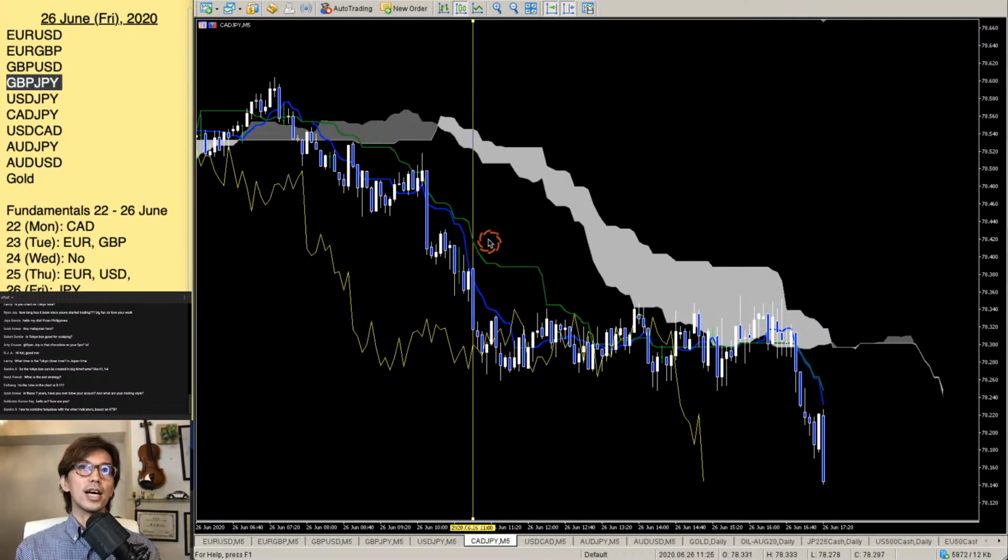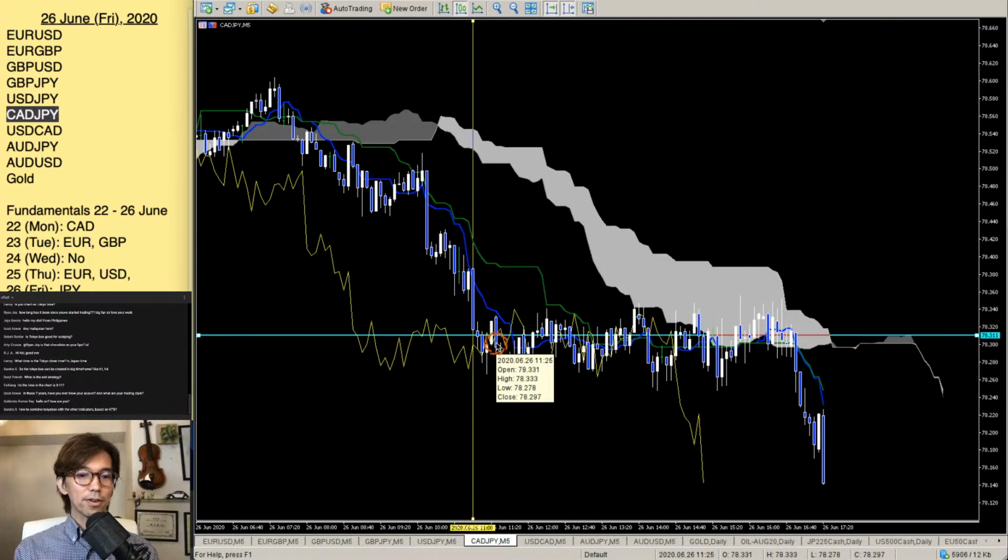In this case, the Asian session ended in this candlestick in the 5-minute chart. So this is the CADJPY that we're looking at, and initially the price broke the recent low downwards, but afterwards it has been in a range.